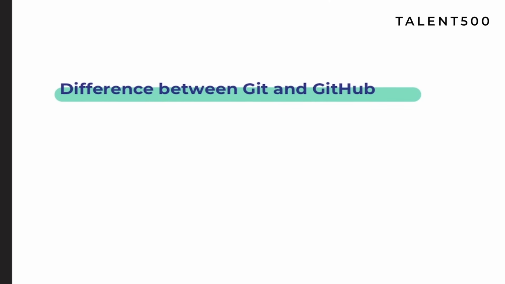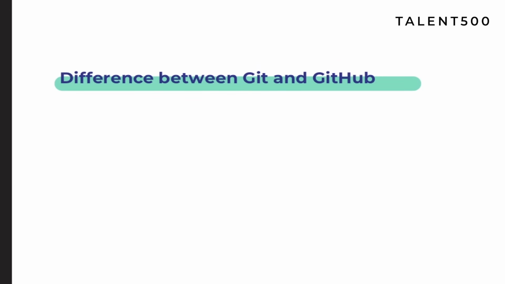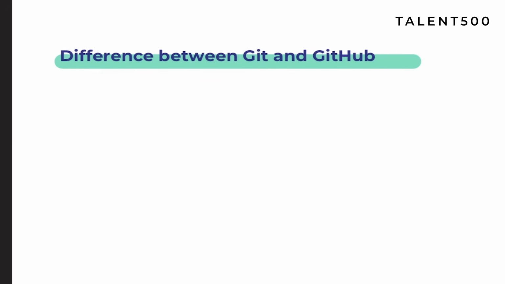So the next question is the difference between Git and GitHub. A lot of people actually get confused about what the difference between the two, Git and GitHub, is. So when you talk about this, firstly, what is Git? Just now I said what it will be doing.